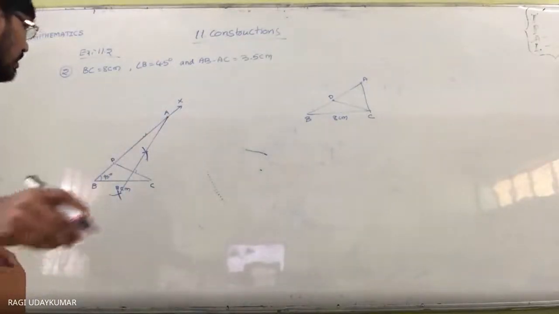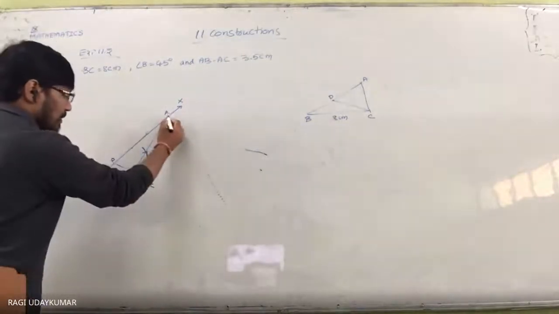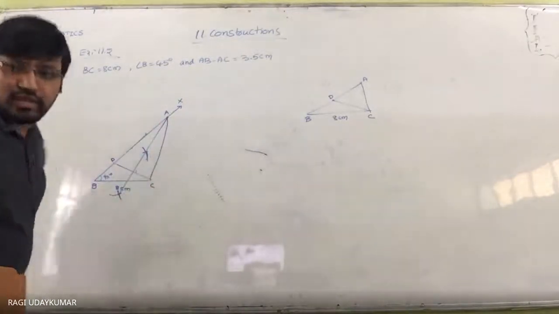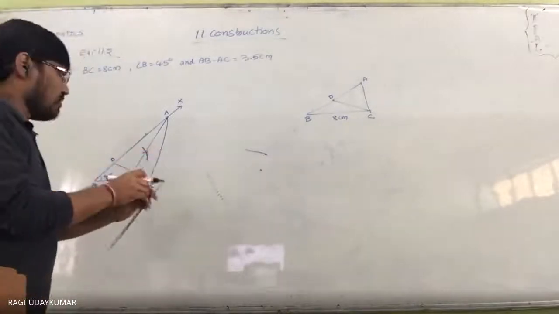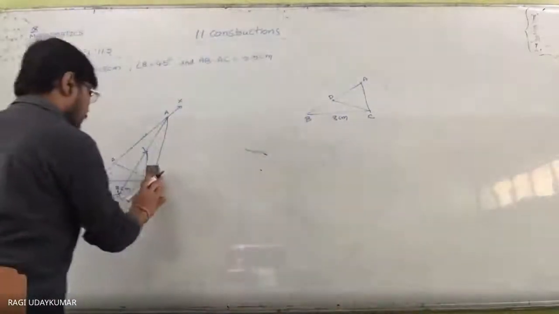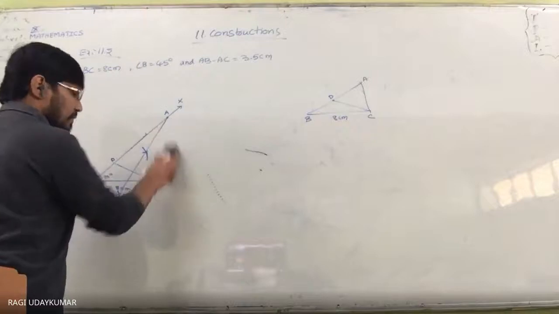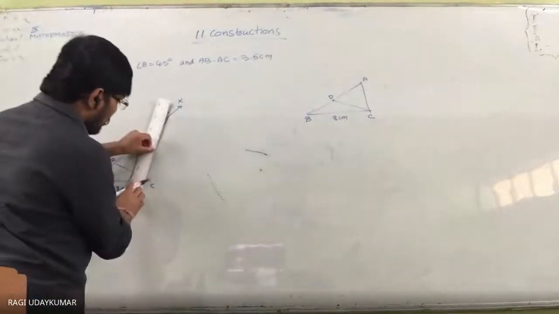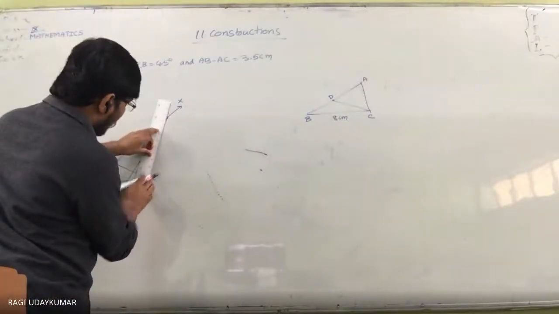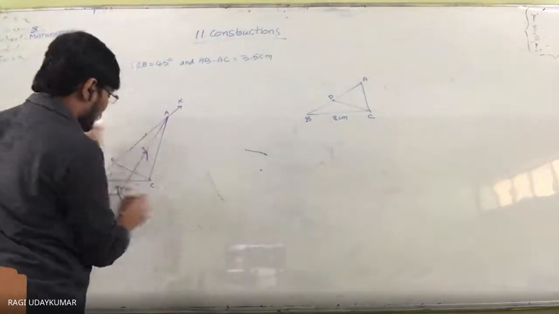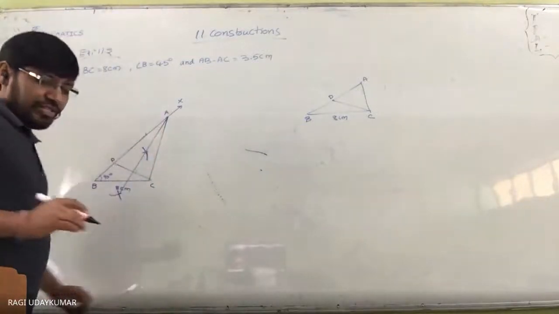So now, what is our required triangle here? Yes, join C to A. Sorry, use a scale to join. Join AC. ABC is our required triangle.